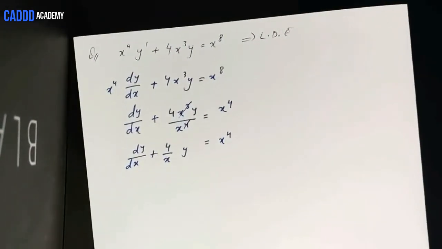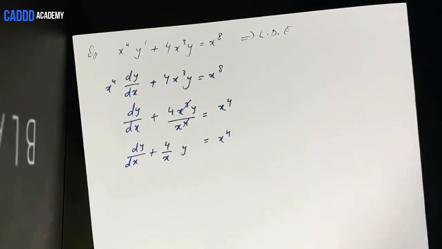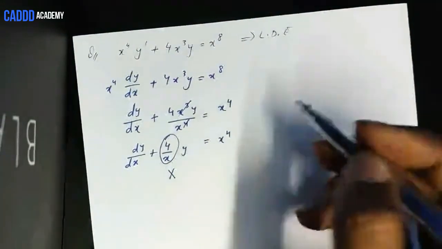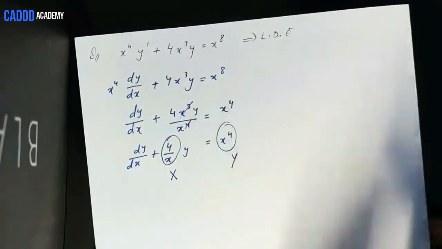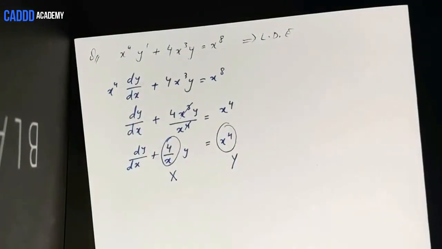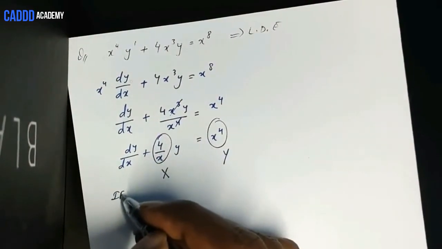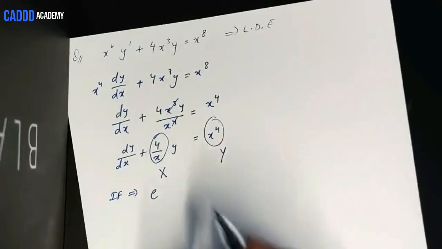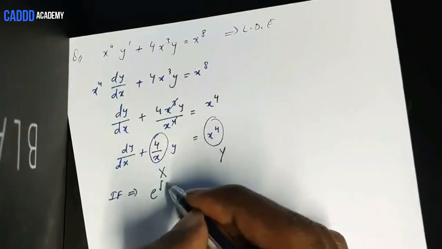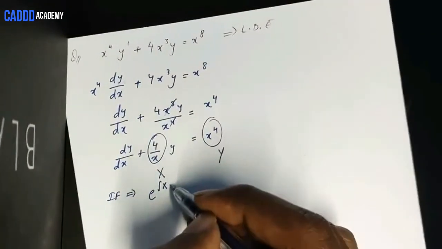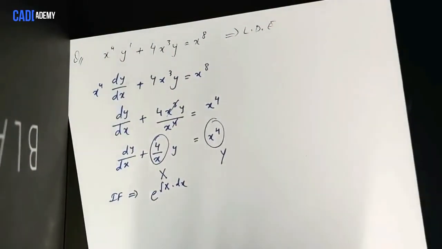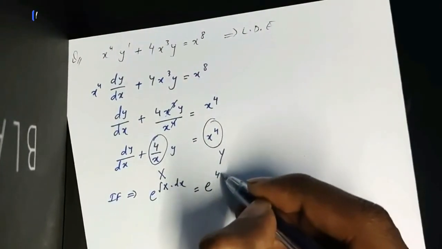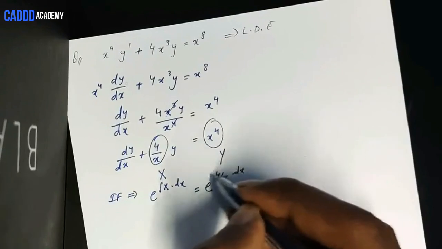So for linear equations, how to solve this? Let's assume this is X and this is Y. Okay, so the integrating factor here will be e to the power integration of this X with respect to dx. So this is the integrating factor. So e to the power integration of 4 by x dx.